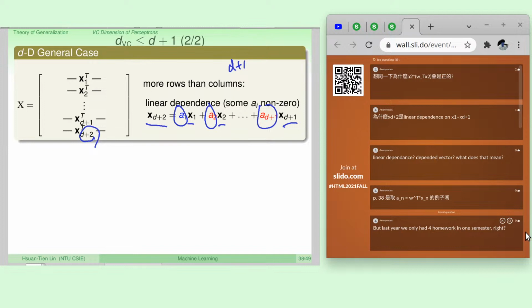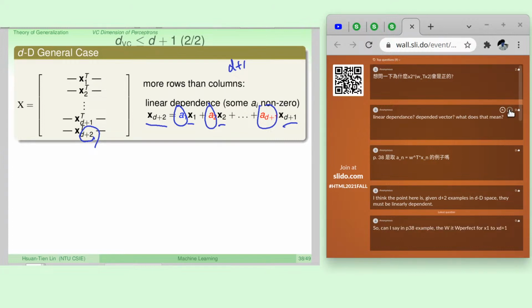Now, why is there linear dependence on x1 to x d plus 1? I'm afraid that you need to ask this question to your linear algebra teacher. That's the part that your linear algebra background knowledge should tell you, and we cannot explain it in super detail in this class. Similarly, there's linear dependence and so on.